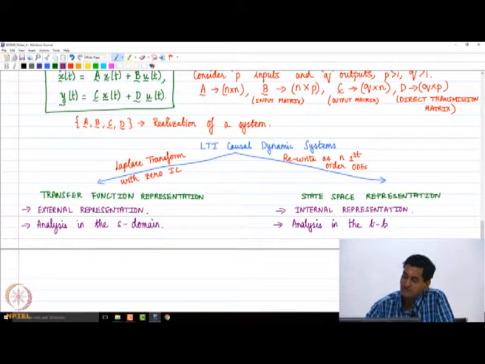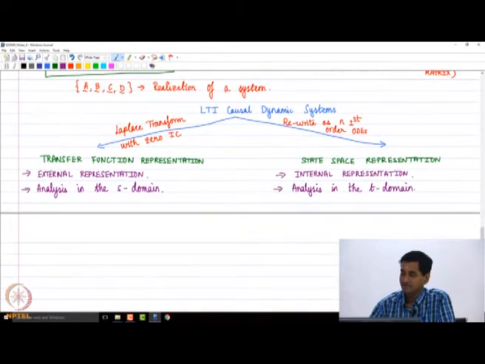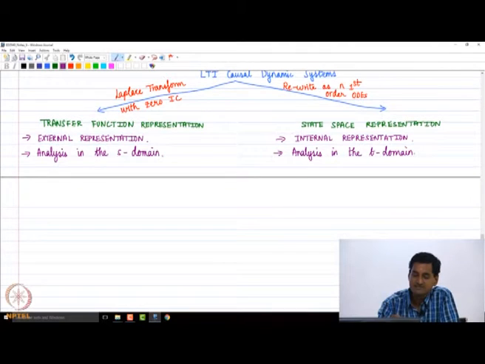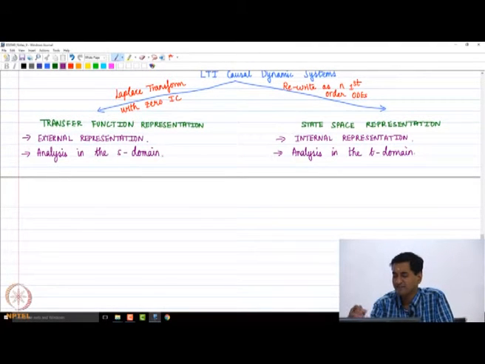So we essentially stay in the domain of real numbers and then do the analysis. I can write many other identifiers, but these distinguishing characteristics are fine for now. That is something we need to remember regarding the transfer function and the state space representation. As I told you, this course is about transfer function representation.